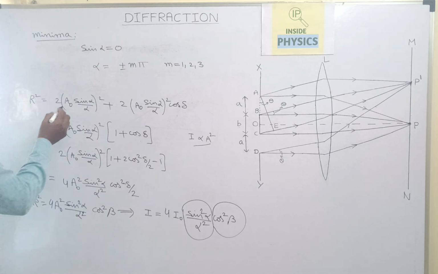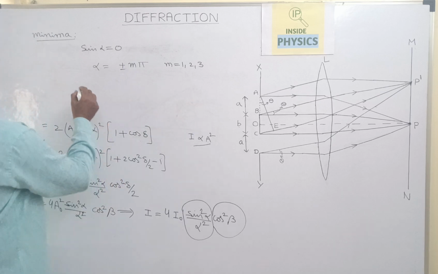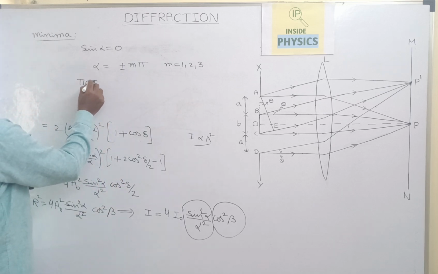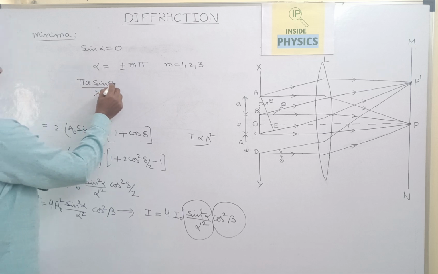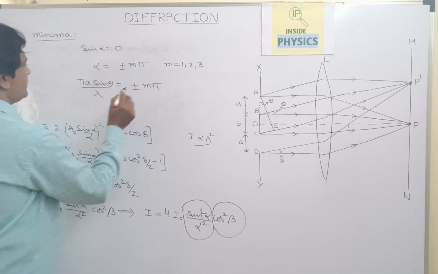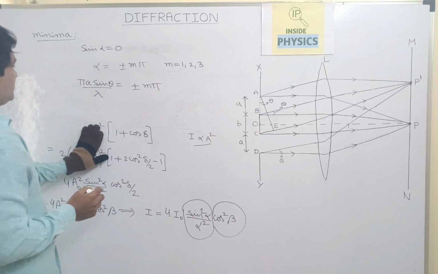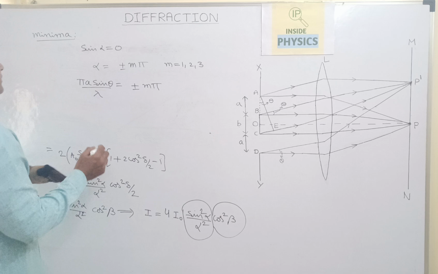So what is alpha? We know that alpha is equal to pi a sine theta by lambda, which is equal to plus or minus m pi. If on both sides you remove pi, what happens?